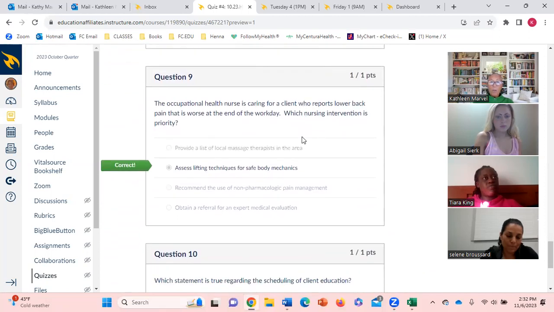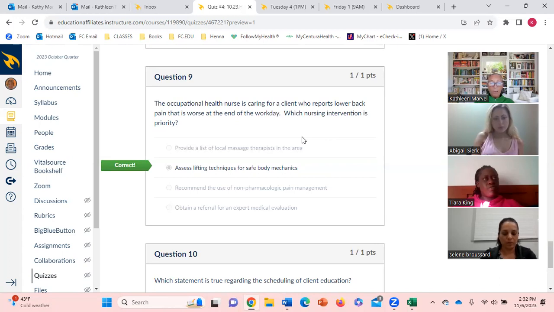Occupational health questions. The occupational health nurse is caring for a client who reports lower back pain that's worse at the end of the workday. Which nursing intervention is a priority? What could be going on? Bad lifting techniques. The other three answers are inappropriate.